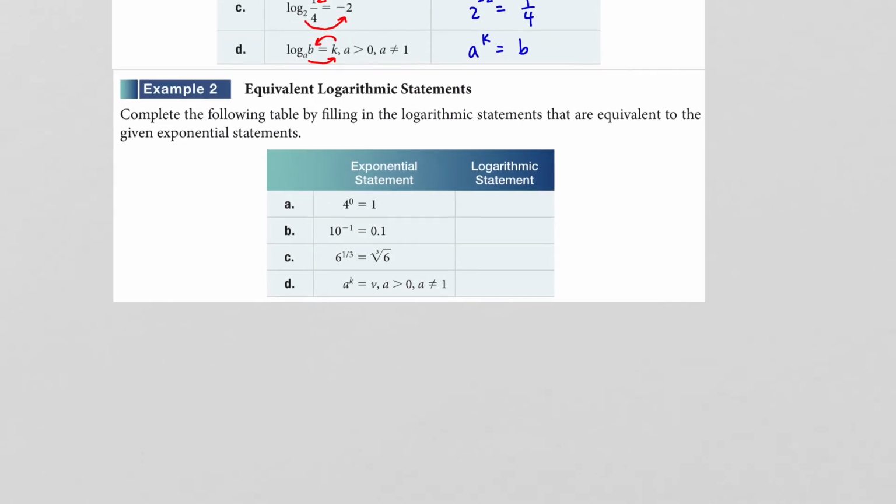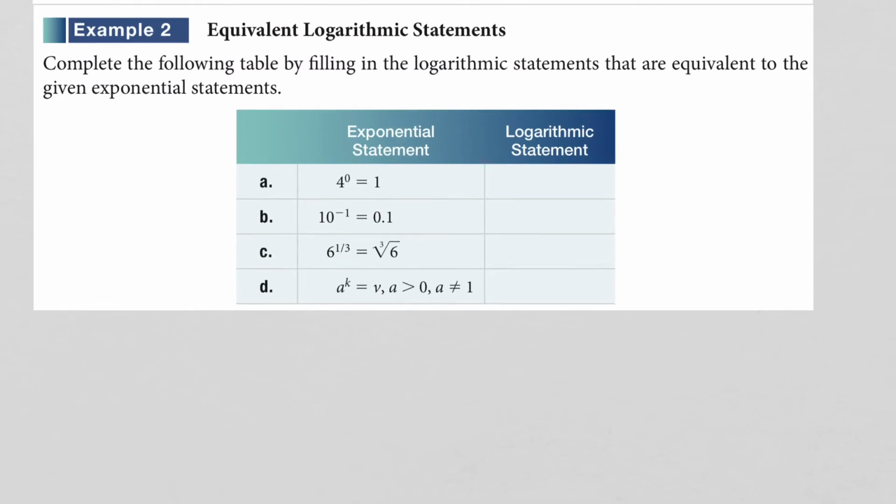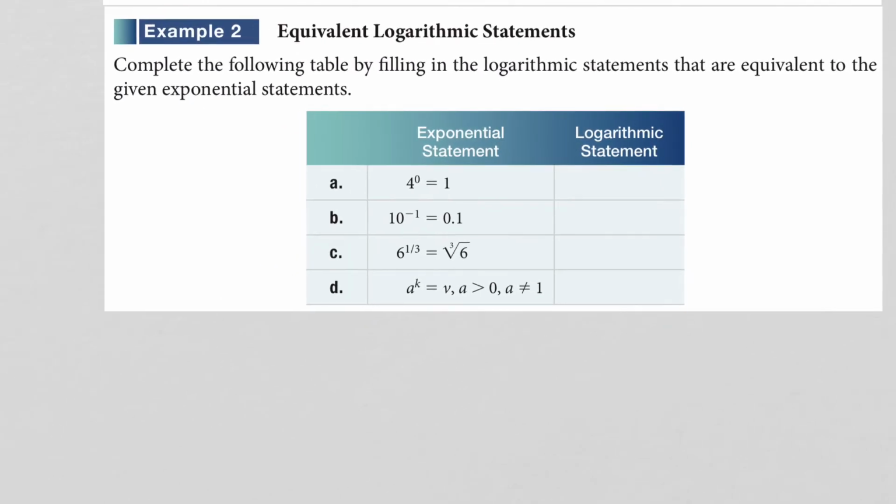Now let's take a look at equivalent logarithmic statements. Here we have some exponential statements, and we want to convert them into logarithmic form. I will admit that this is a little bit tougher to get used to, but basically, the number that you see here is the base of the exponential function. So 4 is the base, 10 is the base, 6 is the base, and a is the base.